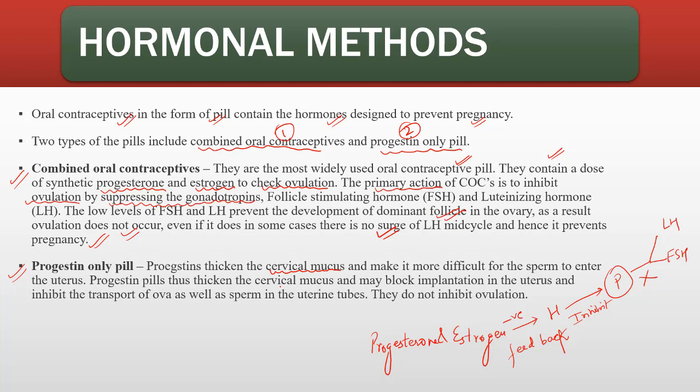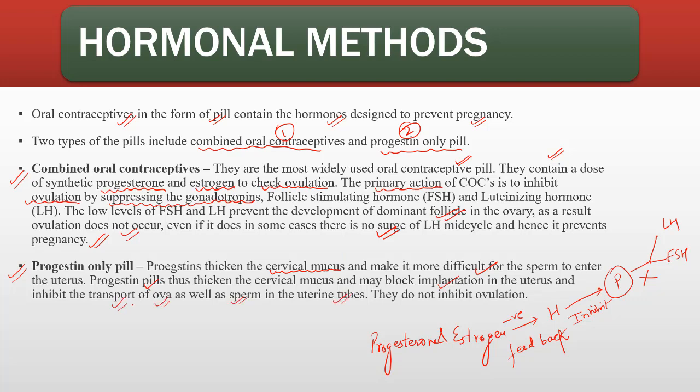Progestins thicken the cervical mucus beforehand, before fertilization, and make it more difficult for the sperm to enter the uterus. Progestin pills thus thicken the cervical mucus, may block implantation in the uterus, and inhibit the transport of ova as well as sperm in the uterine tubes.